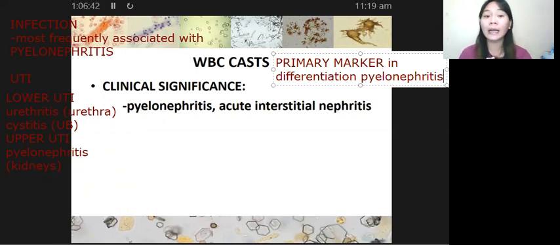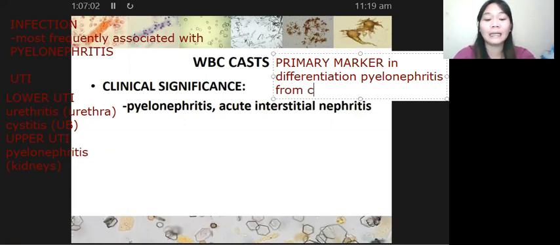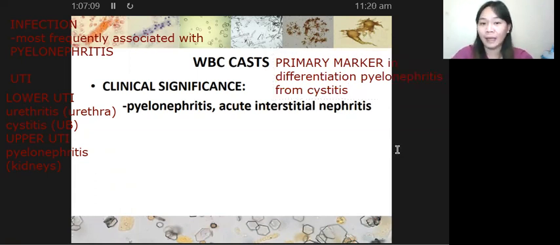So, magkakaroon ka lang ng WBC casts pag ang infected na organ ay yung ating kidneys. So, distinguishing marker or primary marker in the differentiation of pyelonephritis, which is your upper UTI, from your cystitis, or your lower UTI.